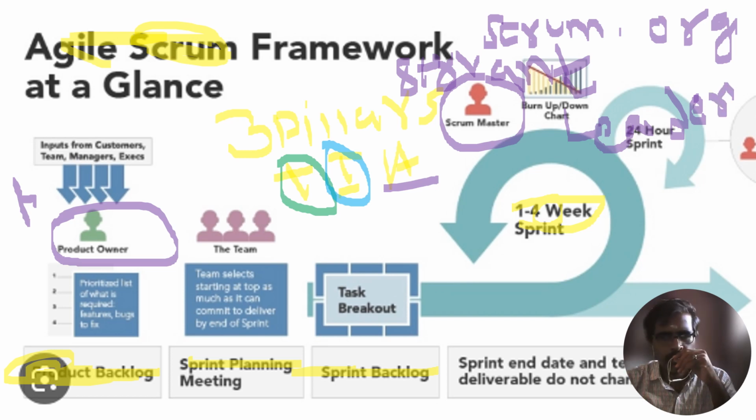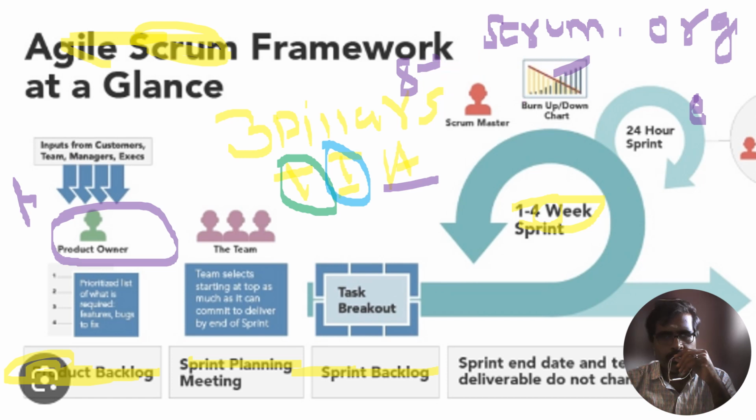Based on my experience on SAP projects, I am giving SAP cross-functional teams as an example. Each one can take the example of Oracle or JD Edwards or whatever it may be.